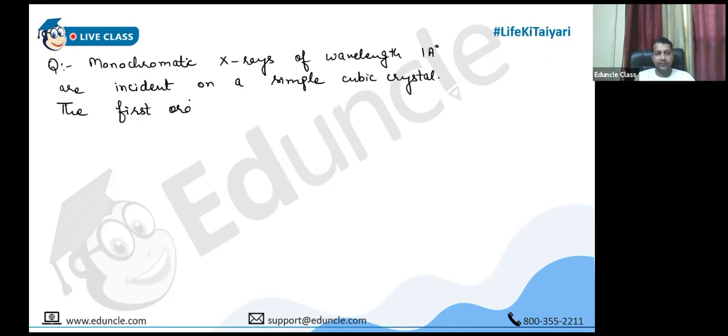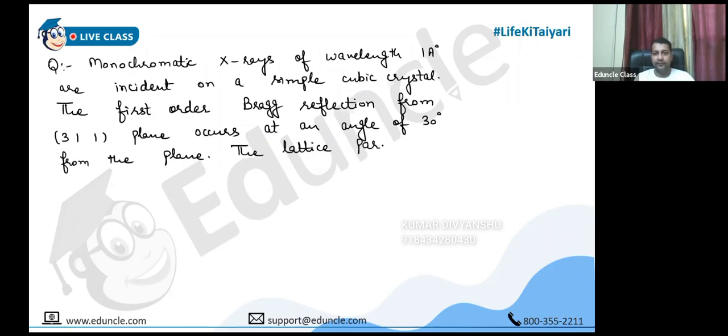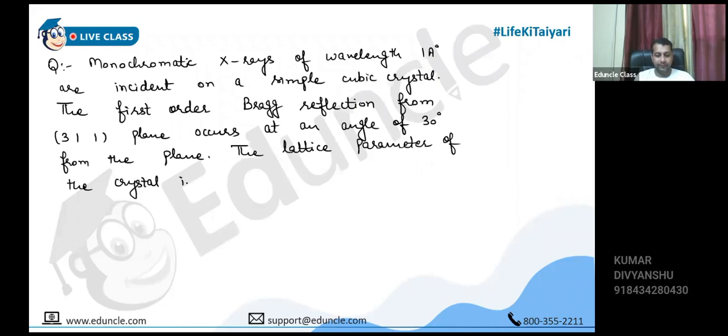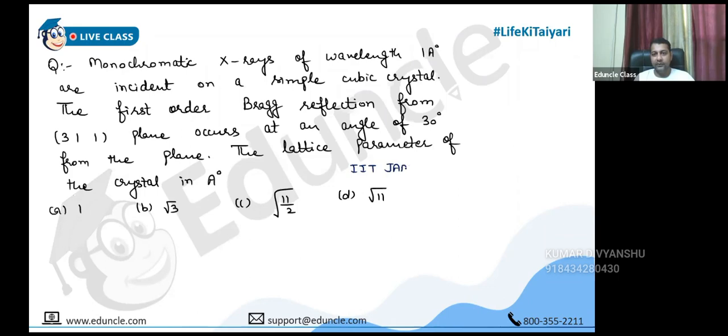The first order Bragg reflection from the 311 plane occurs at an angle of 30 degrees from the plane. The lattice parameter of the crystal is in angstrom. IIT JAM 2009.